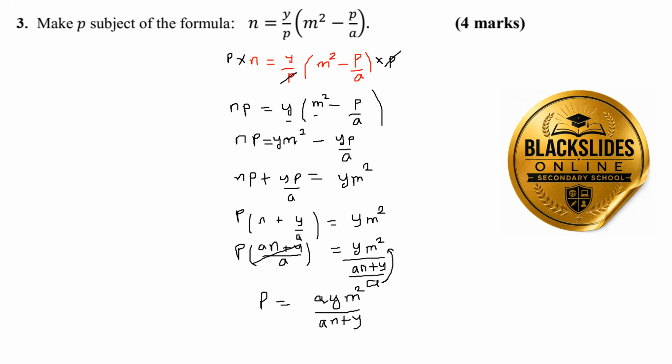That's what we were looking for. So now p is equal to a y m squared over an plus y.